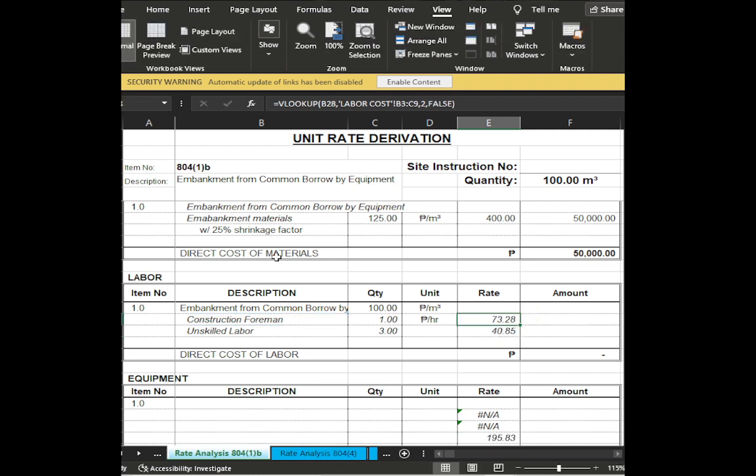So this is the rate for the construction foreman.